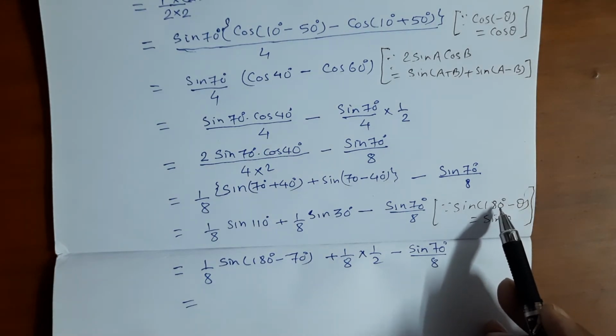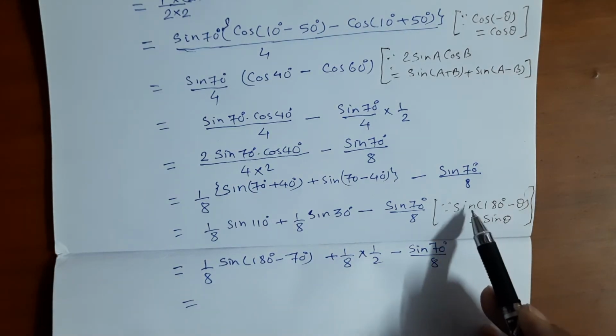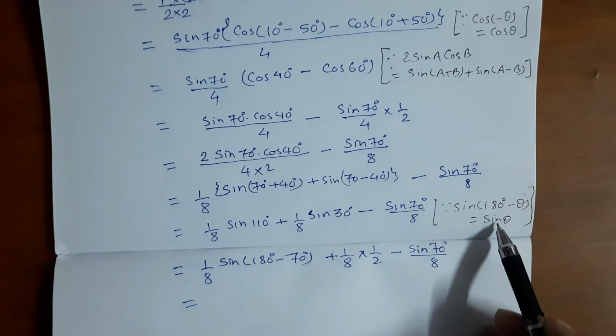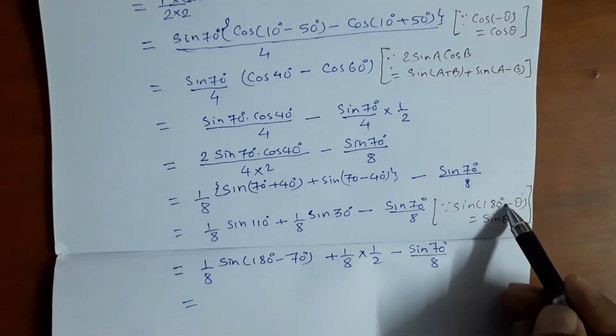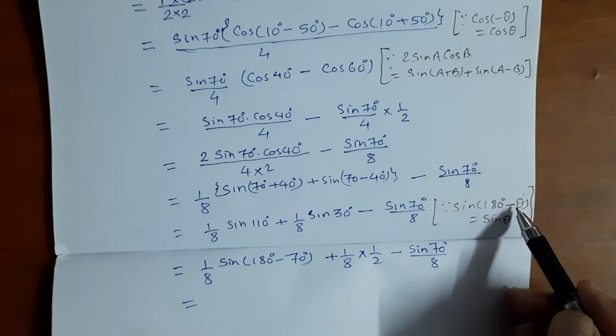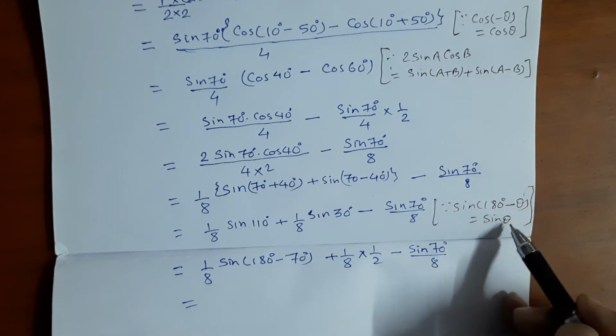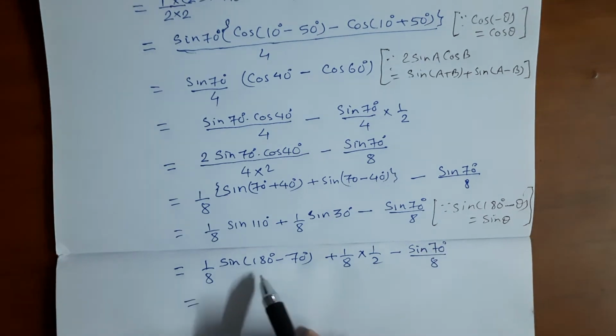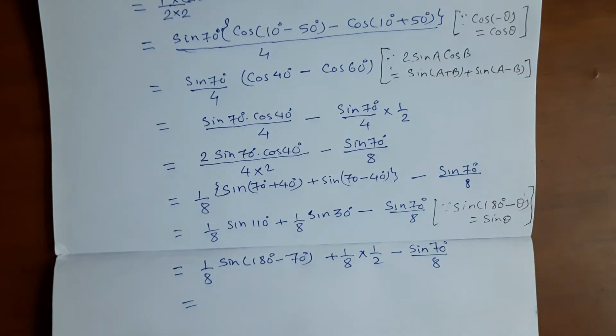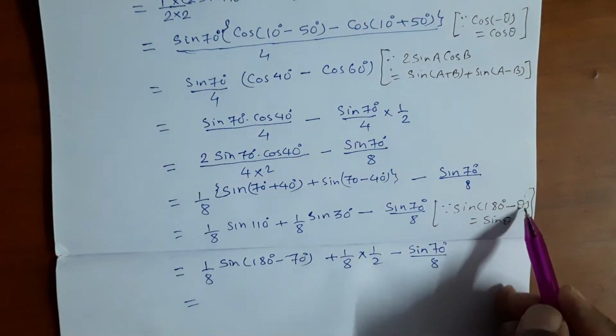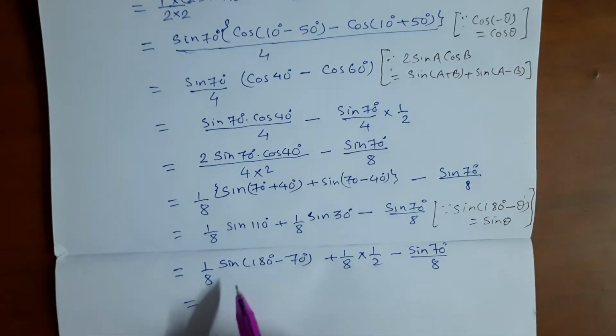If it is an even multiple of 90, then the sign does not change; sine remains sine. And 180 minus theta lies in the second quadrant, where sine is positive. So sin(180 degree minus theta) is sin theta. So sin(180 minus 70) will be sin 70, because in place of theta we have 70 degrees here.